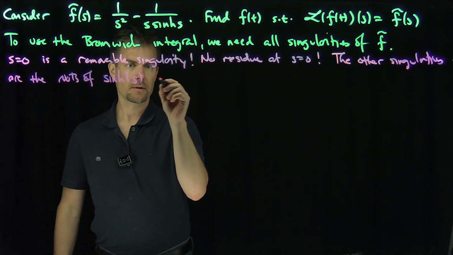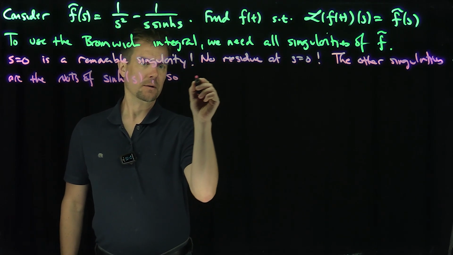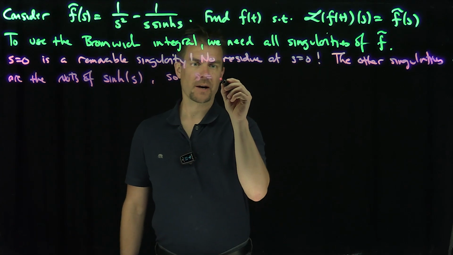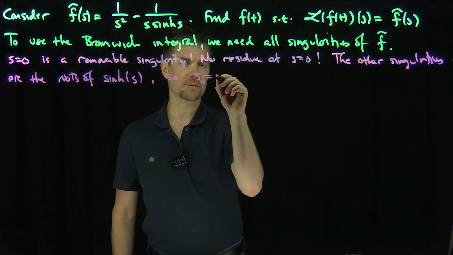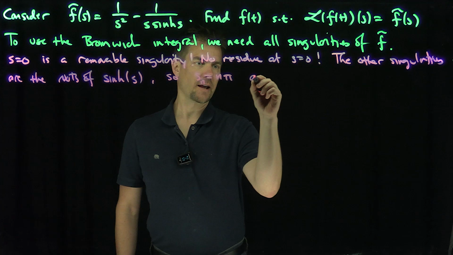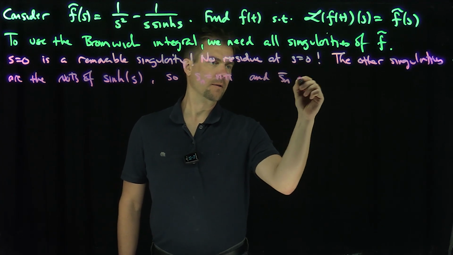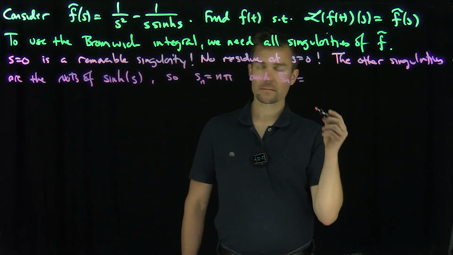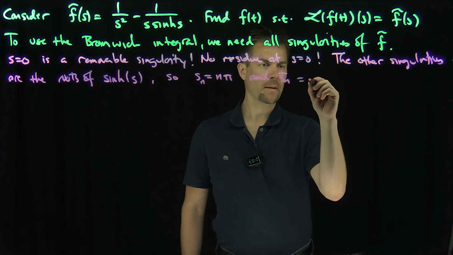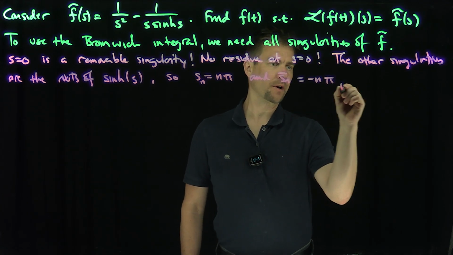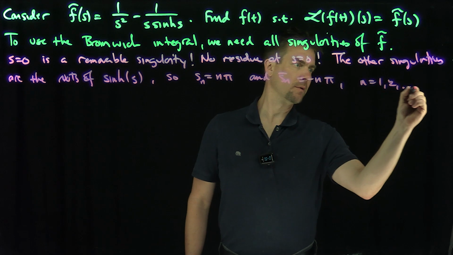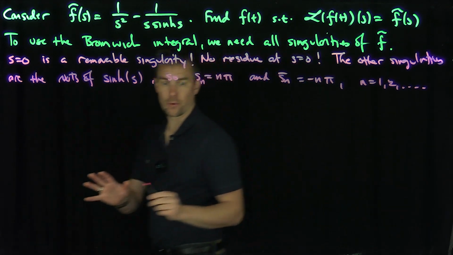So hence s is plus or minus n pi: let's take s_n to be n pi, and s_n bar to be negative n pi, where n goes from 1 and so on. So there we have our singular points.